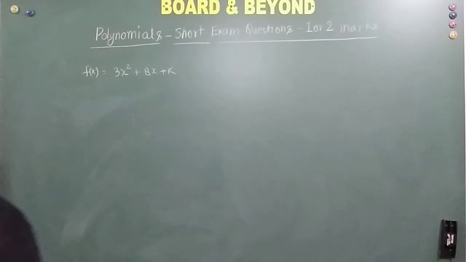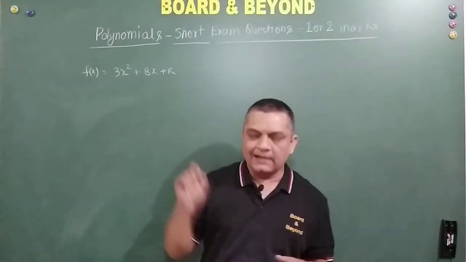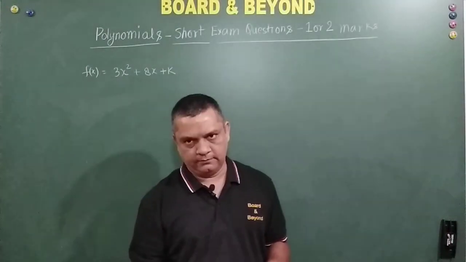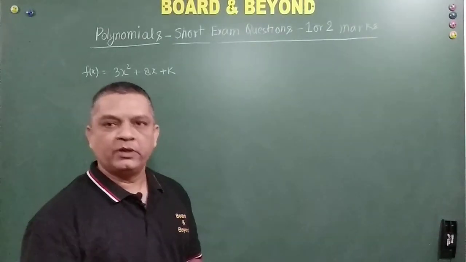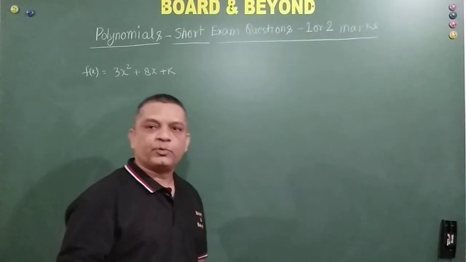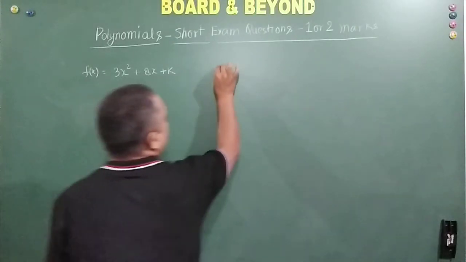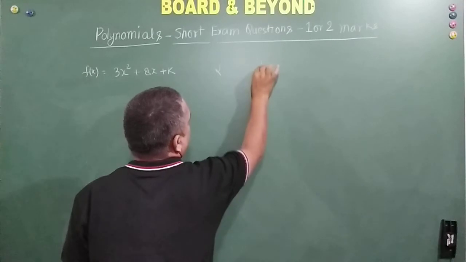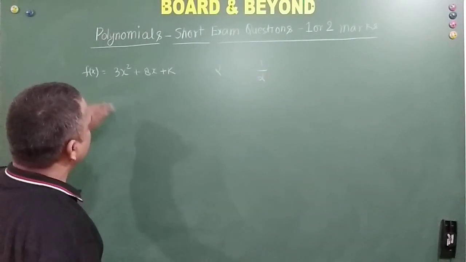The condition given is that one root is the reciprocal of the other root. I hope we all understand what we mean by reciprocal. Reciprocal is nothing but 1 by that thing. So if one root is alpha, the other one is 1 by alpha.